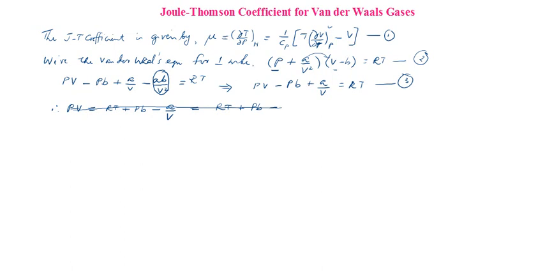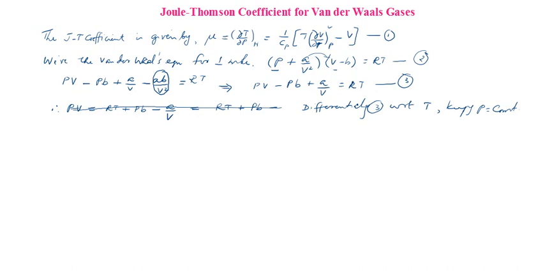So differentiating 3 with respect to T, keeping P equal to a constant, what will that give?